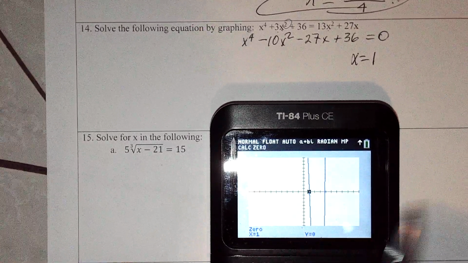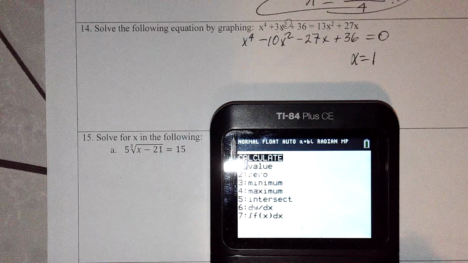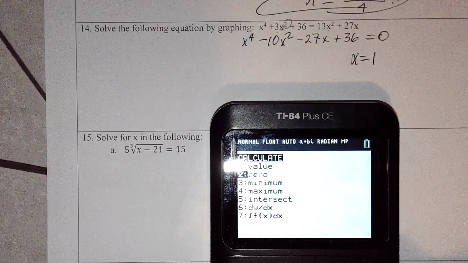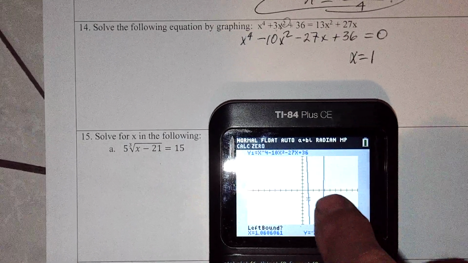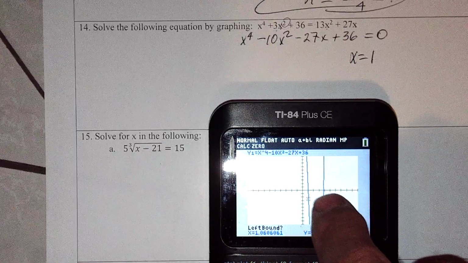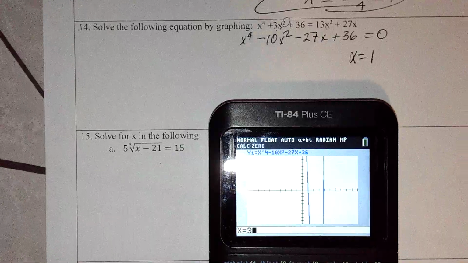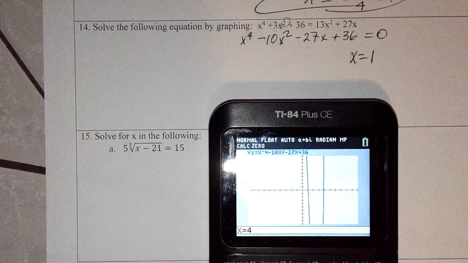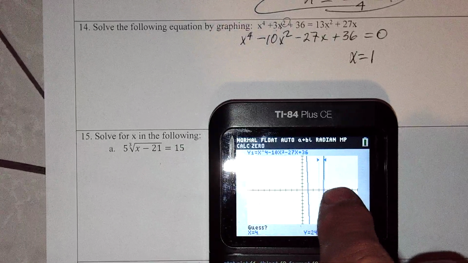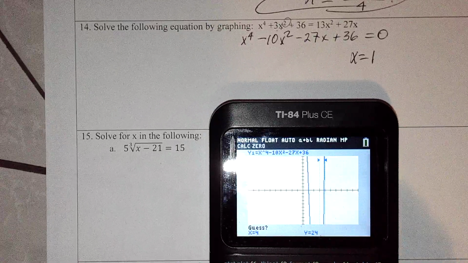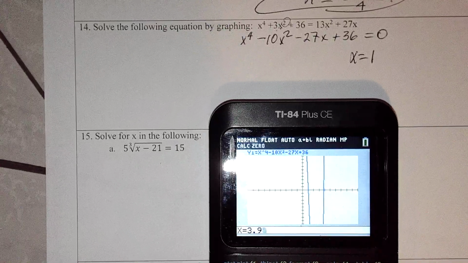I'm going to go second, calculate the 0. That's between, let's see, that's 1, 2, 3, and 4. So I'm going to go 3, enter, 4, enter. So it's looking between 3 and 4. I think it's about 3.9.